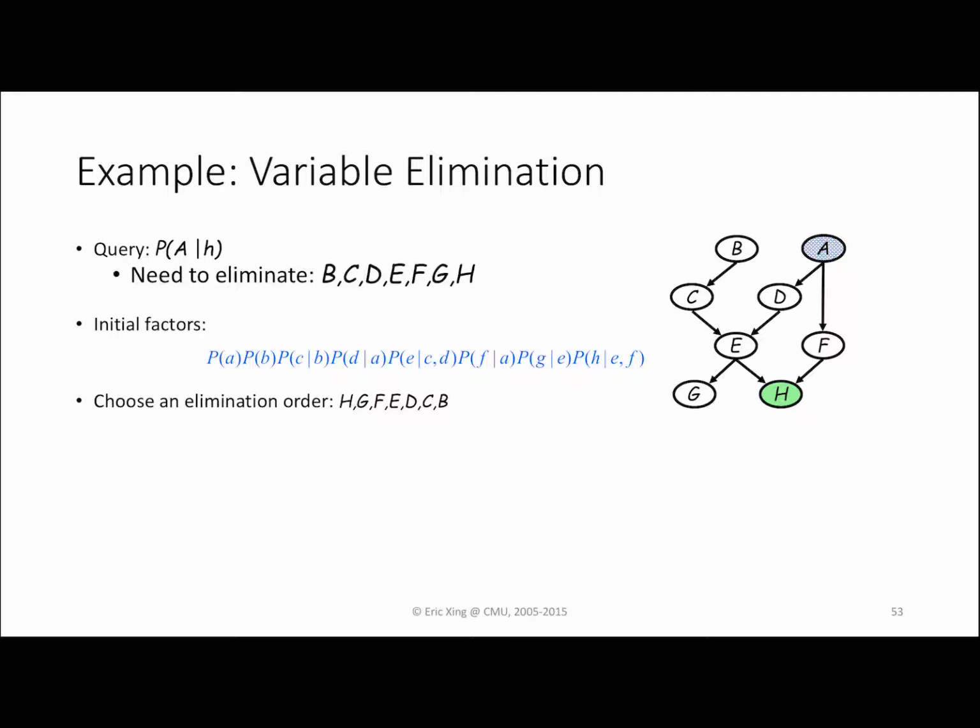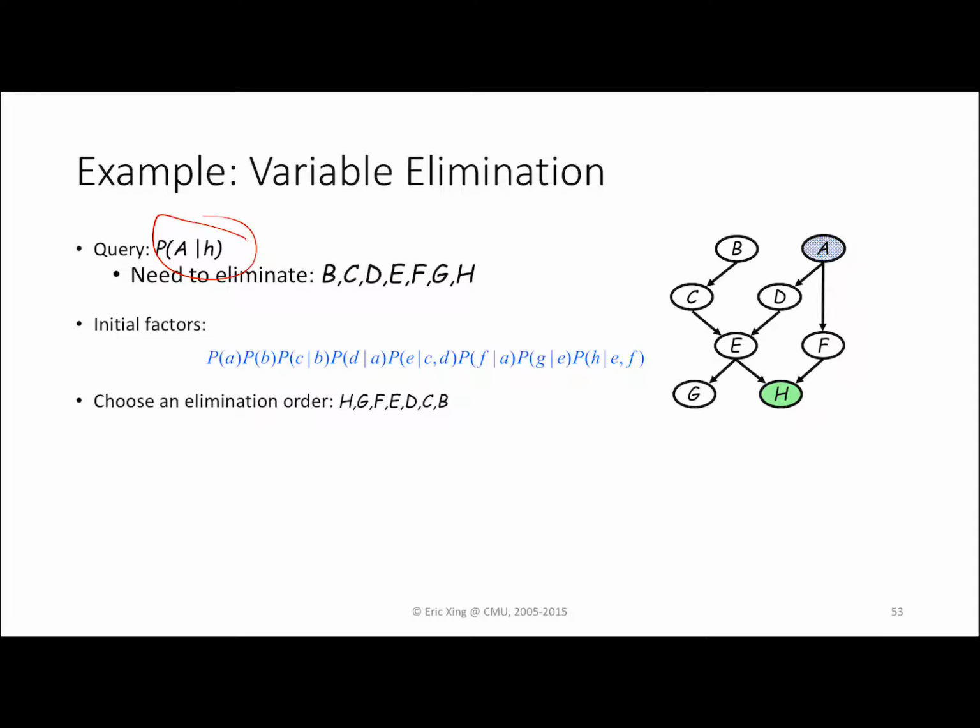Now, I want to compute this posterior, which means that I have to get rid of the rest of them, so I have to sum over the rest of them. So I'm going to pick an ordering. I just say that this is my ordering. I can take any other ordering, but let's start with this, and we'll see the effect of this ordering later on. Is the setting clear? What we want to do?